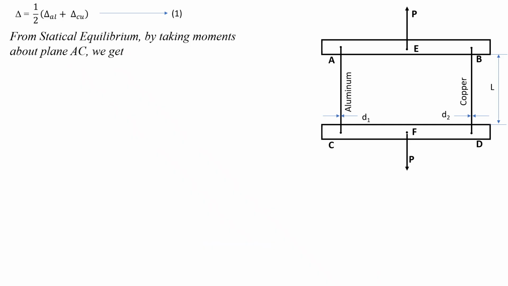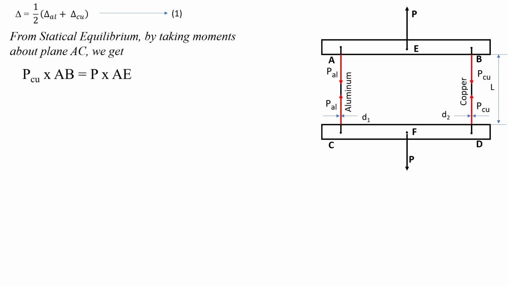Next, from the statical equilibrium, by taking the moments about the plane AC, we will get PCU into AB equal to P into AE. Here PCU is the reaction force generated in the copper wire. Here we are applying the load P on the rigid bar.